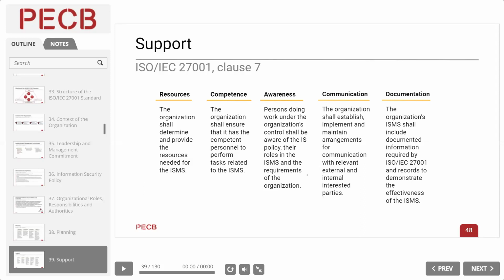Now, I always like to put this into perspective, at the fact that the documentation is not what makes the implementation. However, the documentation is critical evidence of having implemented the ISMS. Okay, so in some implementations of ISO 27001, some implementers just focus on the documentation, prepare all the documentation, and that's it.